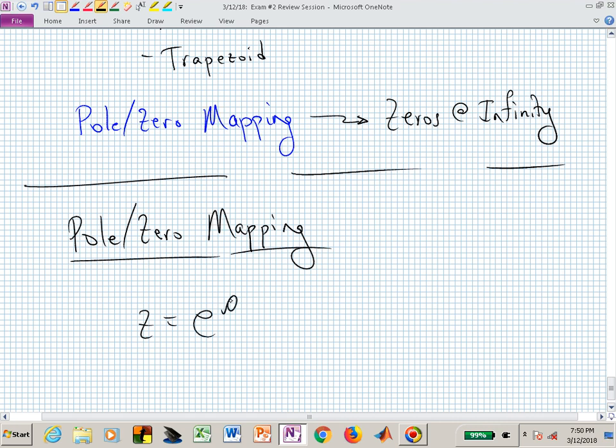The key to this is using z is equal to e to the st. And that's true for poles and the finite zeros.